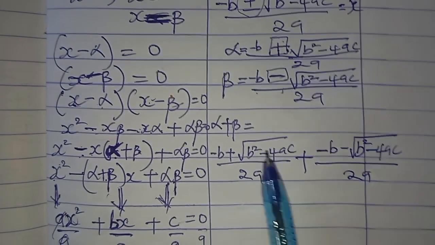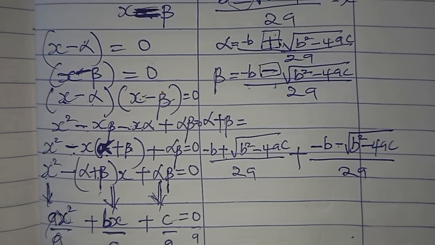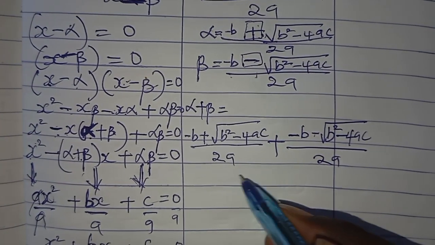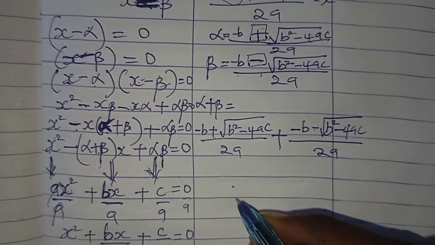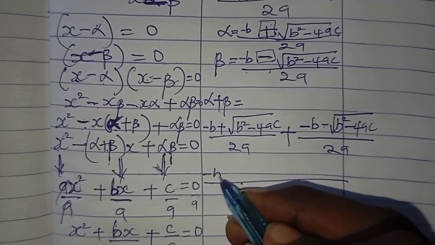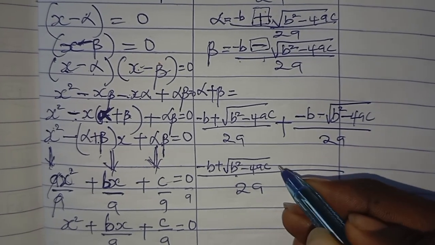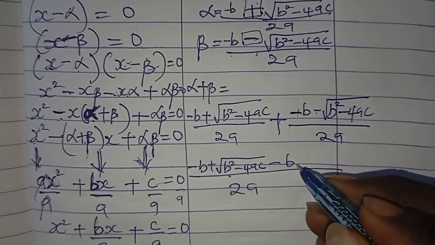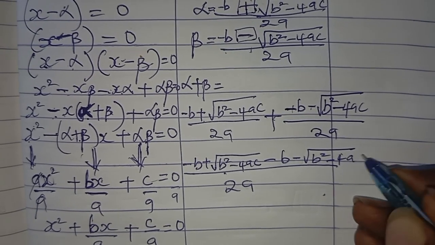Notice that for alpha this is plus, for beta this is minus. When you add these two up, you use the LCM because it's a fraction. The LCM here is 2a, so I'll bring out 2a.